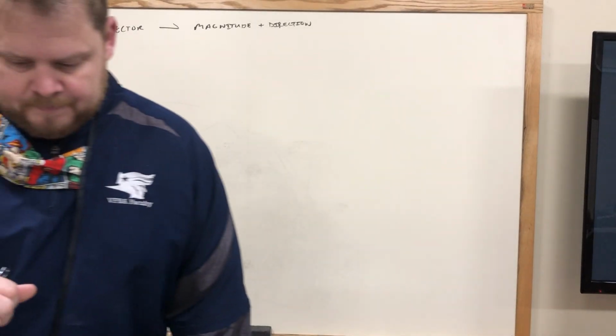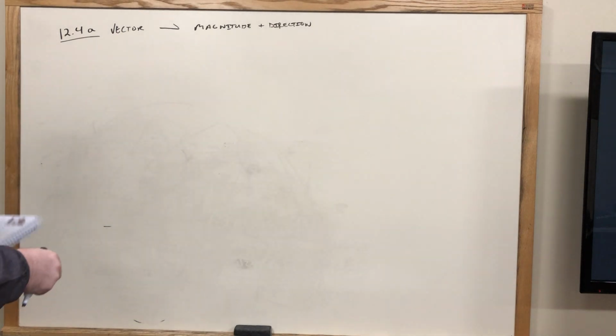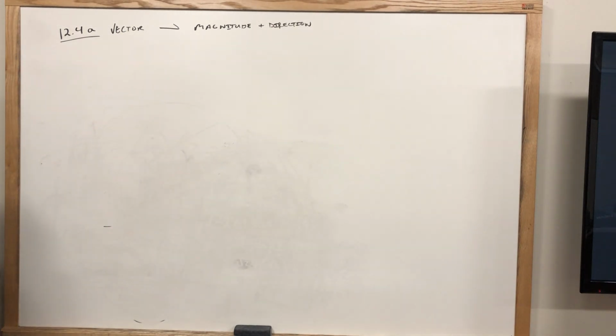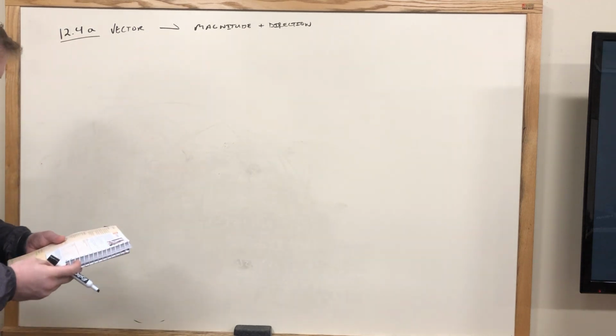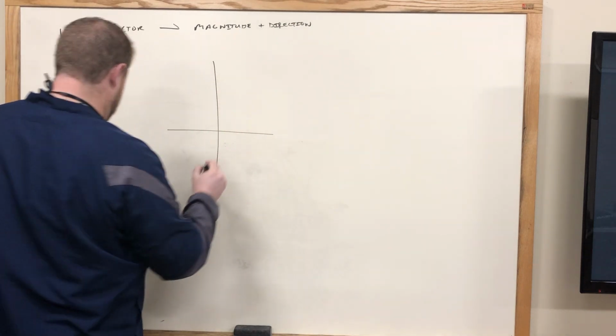Now let's think about this for a second. If I want to draw a vector, let's say they give you a vector. It looks like this. It's on a Cartesian plane.